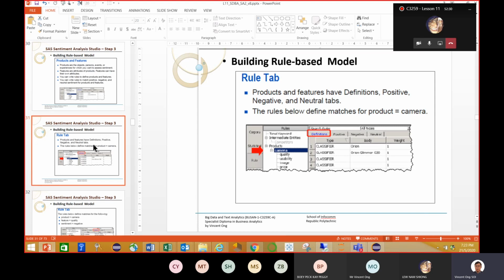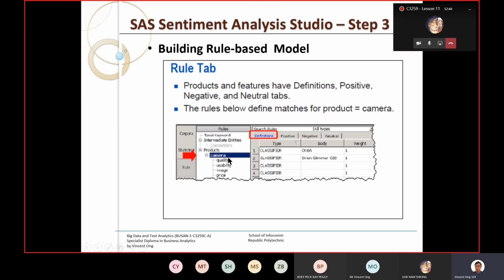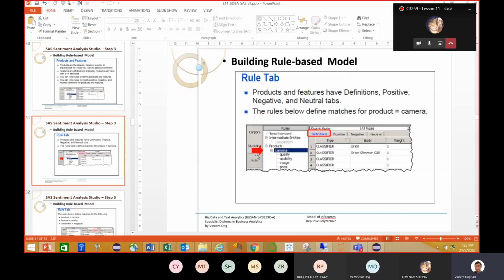Now I can also define my rules on the products and features. For example, this one, camera. What do you mean by camera? My definition of camera: if the word Orion or Orion Camera appears in the text, then I straight away know that this refers to a camera.